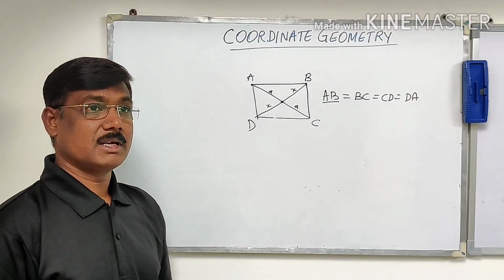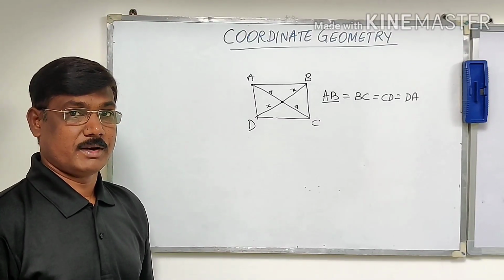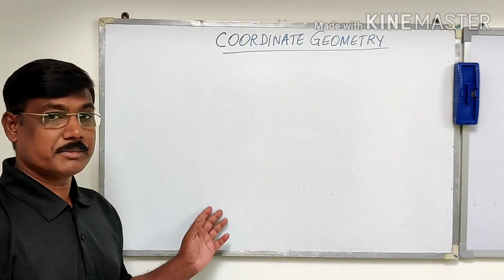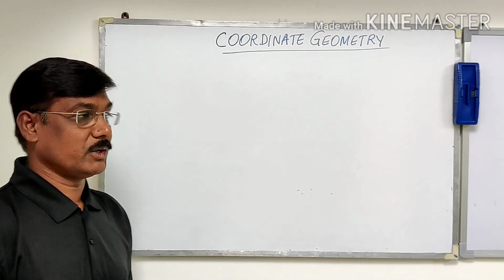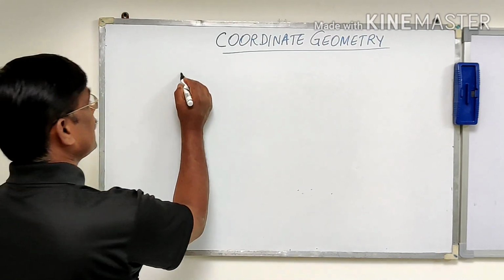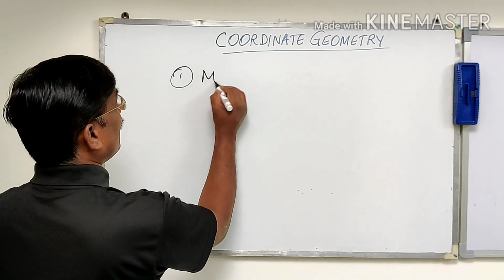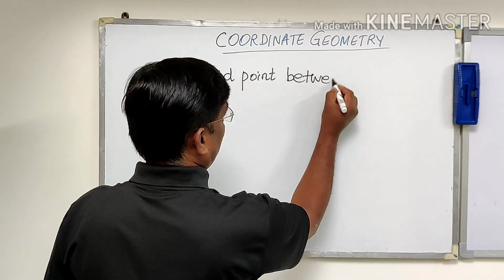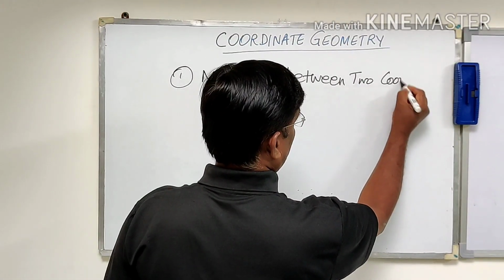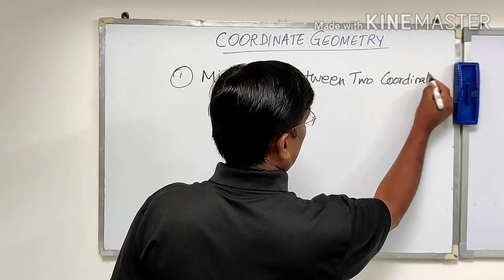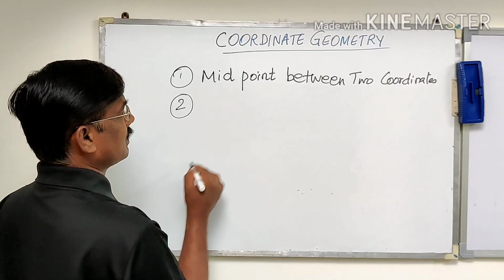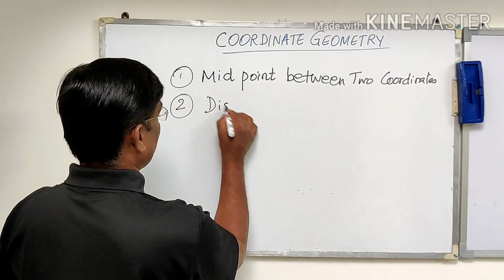Now we will go further, and we will review some basic concepts involved in coordinate geometry, right? So we will see some concepts which you have already studied in the lower classes. One is midpoint, the other one is distance formula.